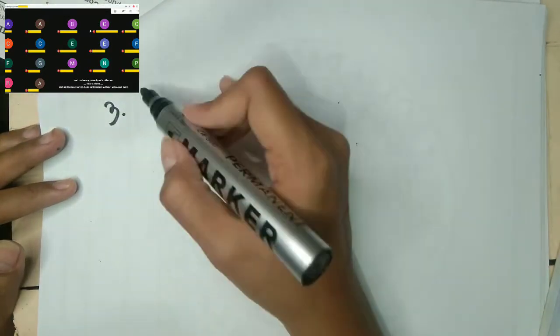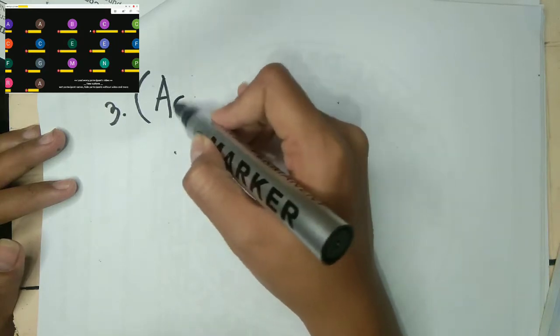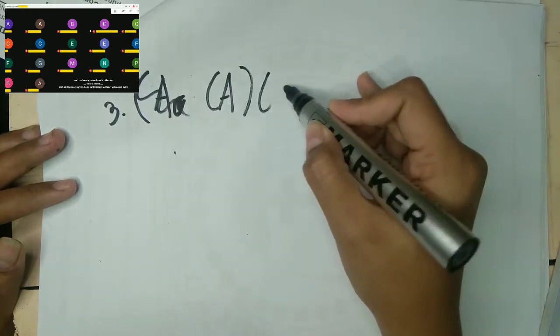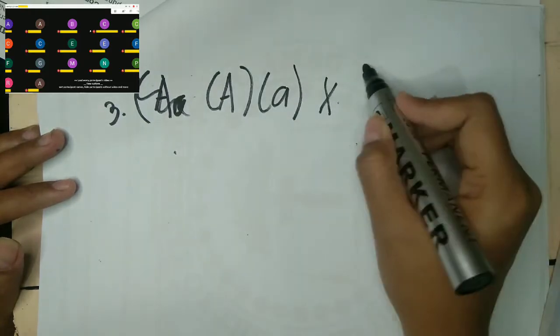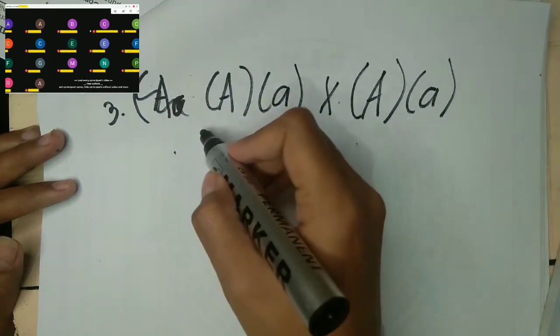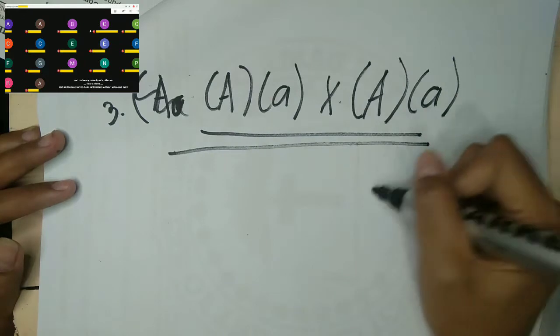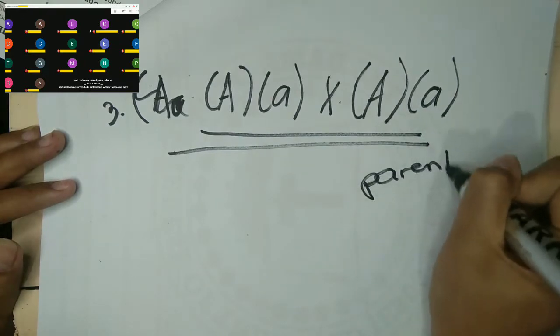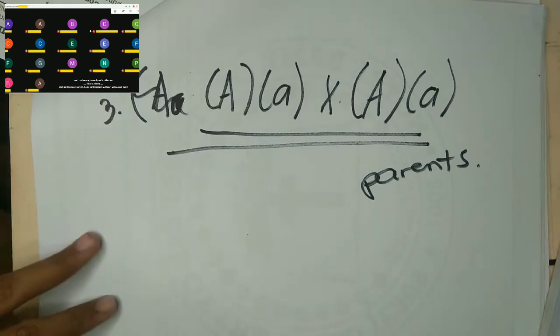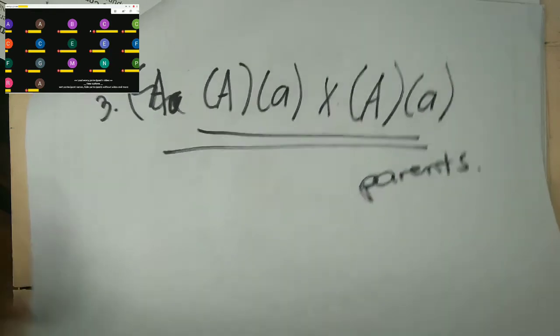Third step is to determine the alleles of the parents, which is red, or the capital letter A, and white, and red, and white. So these are the alleles of the parents, since we are using the first generation parents.